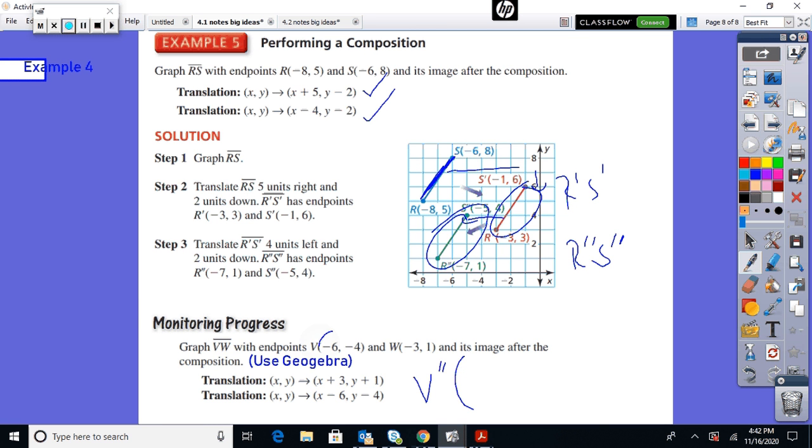We start at -6, add 3 to -3, drop 6 from there to -9. The y values, -4, -4 plus 1 is -3, and from there -4 is -7. W double prime.